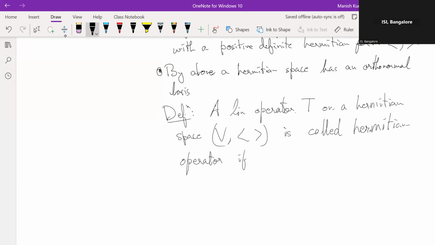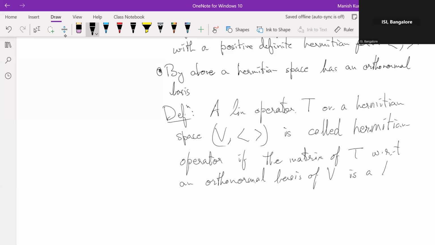But I haven't told you what the adjoint is. So if the matrix of T with respect to an orthonormal basis of V is a Hermitian matrix.